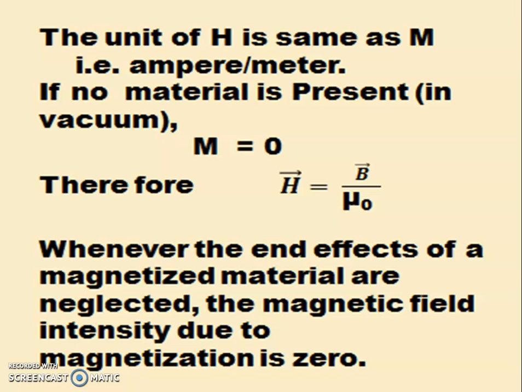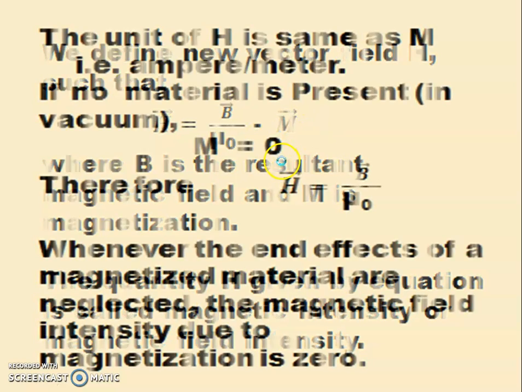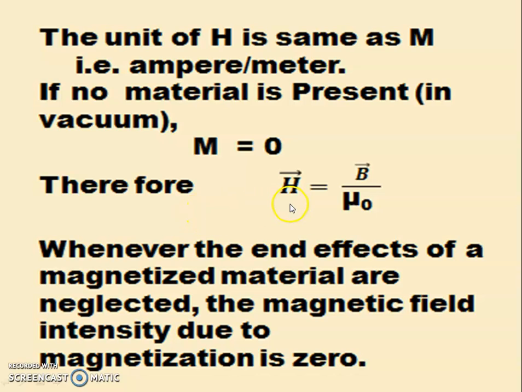If no material is present, that is in vacuum, M is equal to 0. If we put M equal to 0, then we get vector H equal to vector B divided by mu 0.